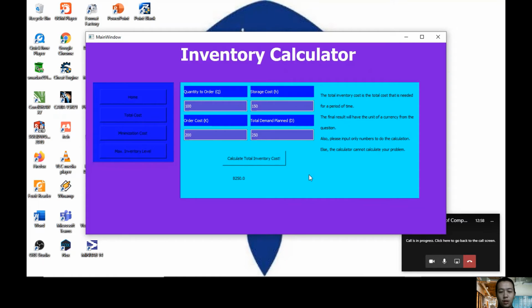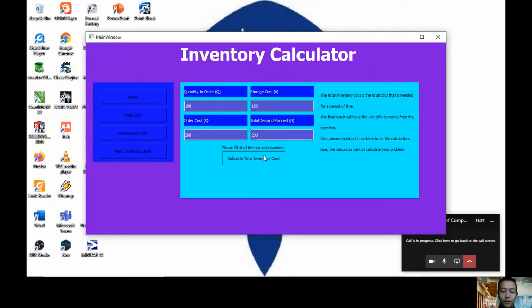And the unit will be a currency that is already known from the problem. And this is the result, 8,250. This program is also able to detect no input, so it will be like this.